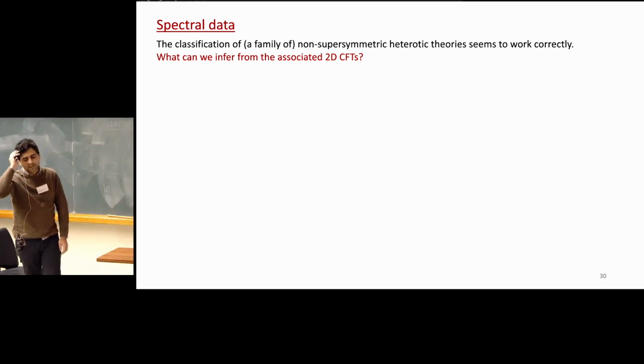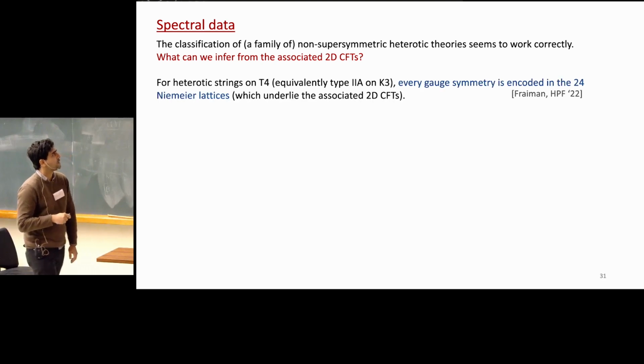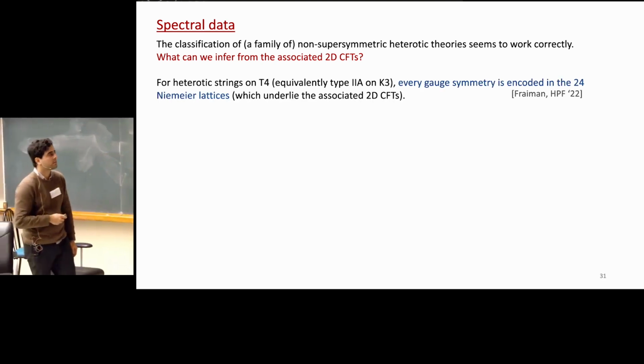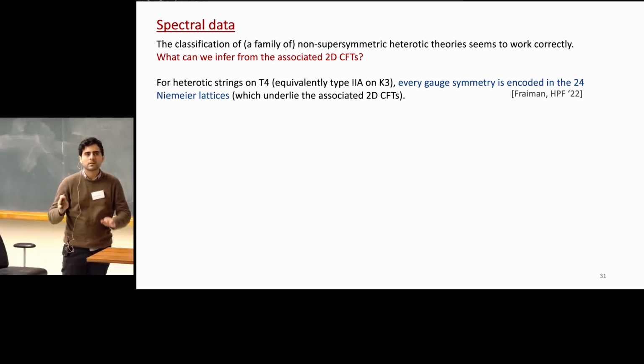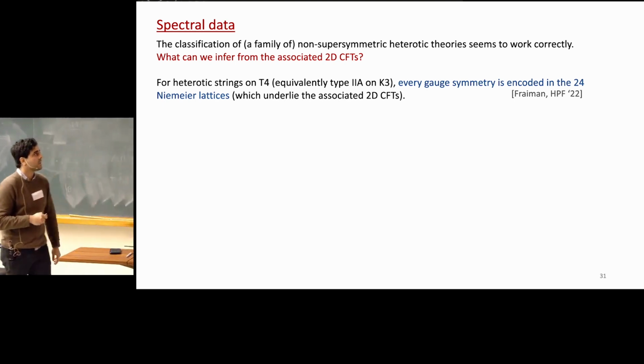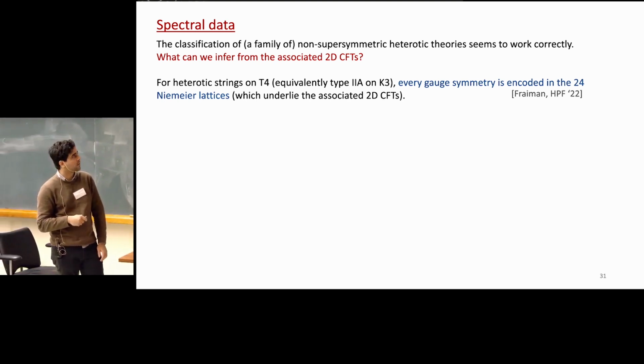Now, the classification seems to work fine, but what can we get from it? Can we get spectral data of the 6D theories? Let me explain what I mean. If you have a heterotic string on T4, or type 2 strings on K3, then it is a fact that every gauge symmetry is encoded, let me restrict to non-abelian gauge symmetries, in the 24 Niemeier lattices. These are the lattices that underlie the family of associated CFTs.